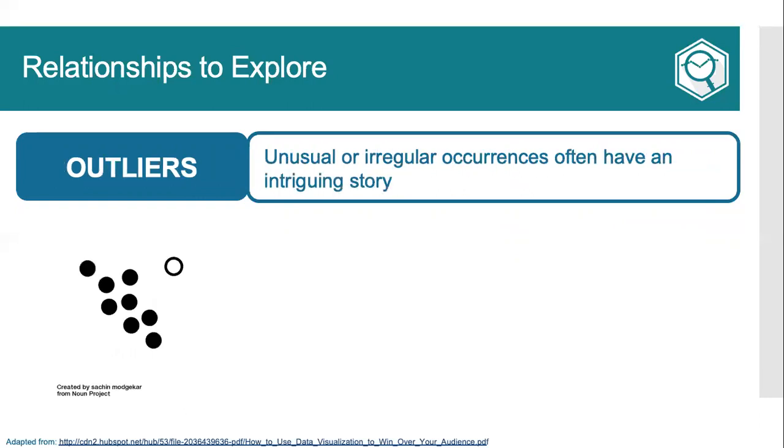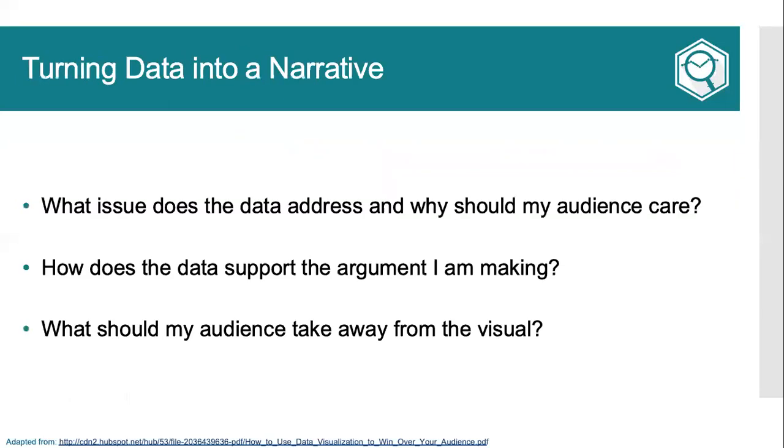Or outliers, so unusual or irregular occurrences, and these often have some of the most intriguing stories. So the reason why certain data points are outside of the norm, that they're not consistent with all of the others. The stories behind those may be what you want to focus on within a visualization that you create.